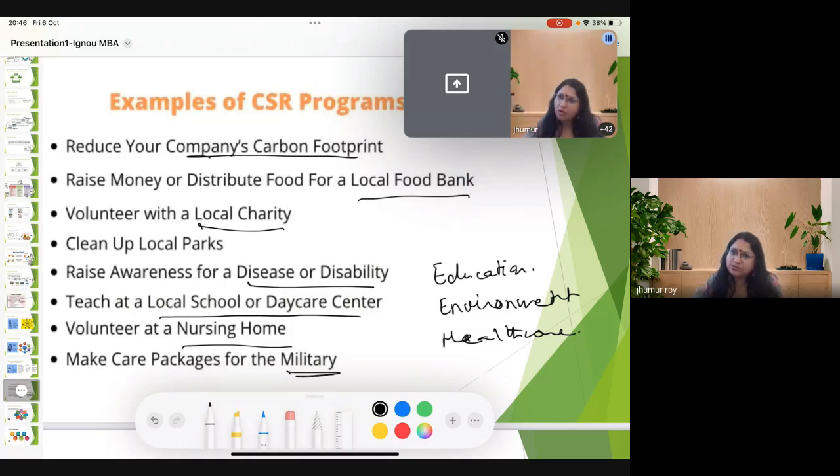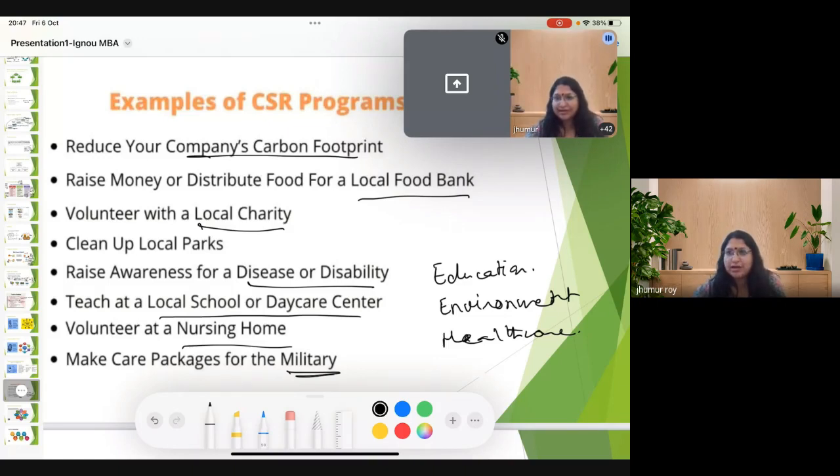And corporate social responsibility is what makes an institution get credibility. So everybody knows, oh, that company does so much for society, is doing so much for people. So naturally the customer loyalty or the way we start looking into that company changes.